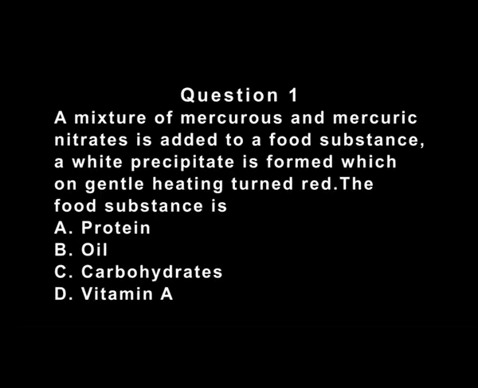The food substance is A. protein, B. oil, C. carbohydrates, D. Vitamin A. Now, this mixture, mercurous and mercuric nitrate, is Millon's reagent. And Millon's reagent is used for testing protein. So the answer here is A. Option A answers the question.